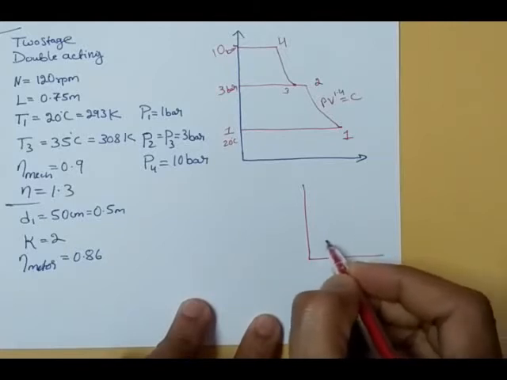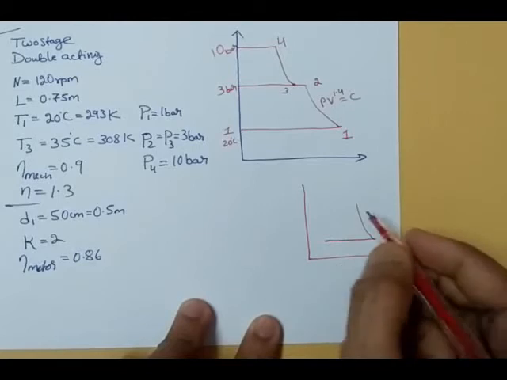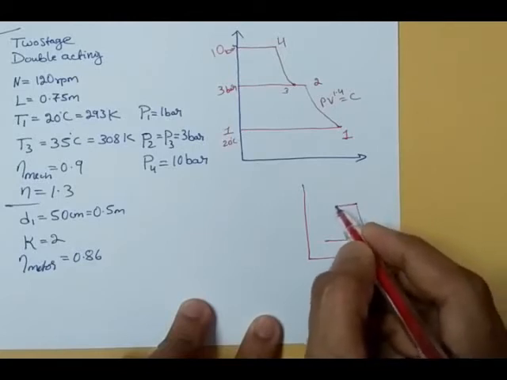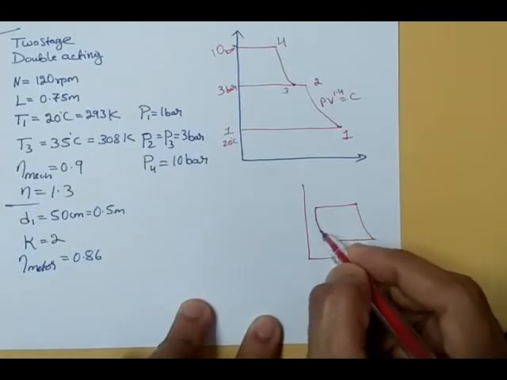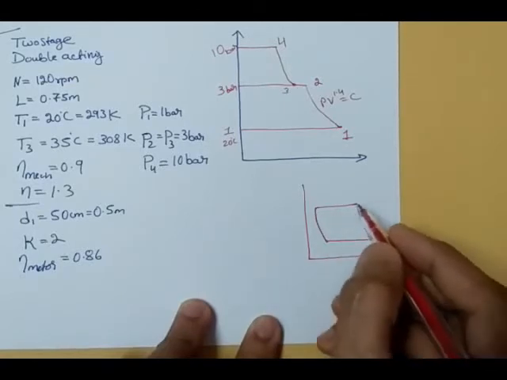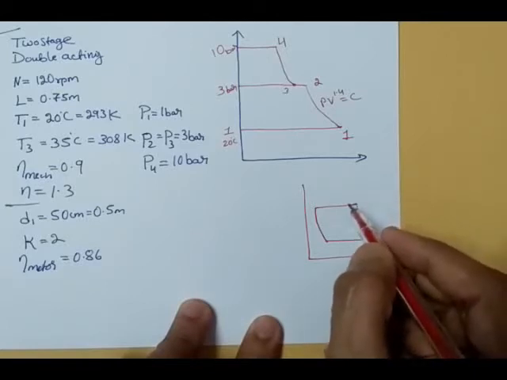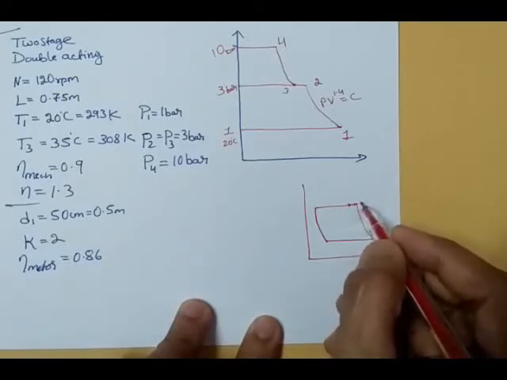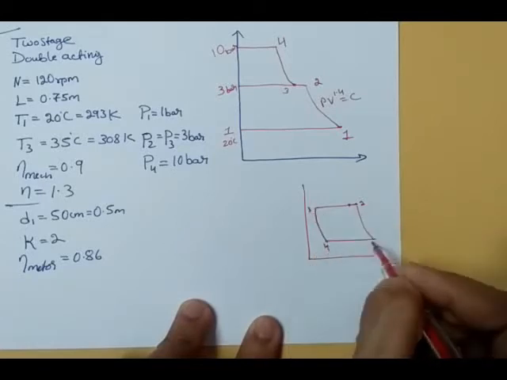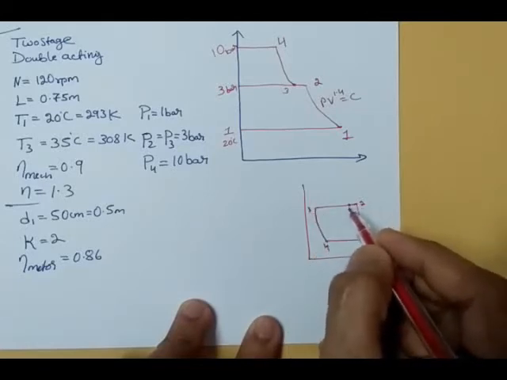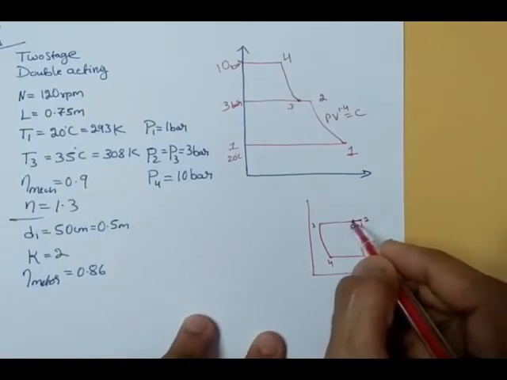I can write suction, compression in first stage, delivery in first stage, then gases in the clearance expand. During delivery the gases will be cooled from 2 to this, I will mark it as 3 and 4. From 2 to 5 gases are cooled in the intercooler.